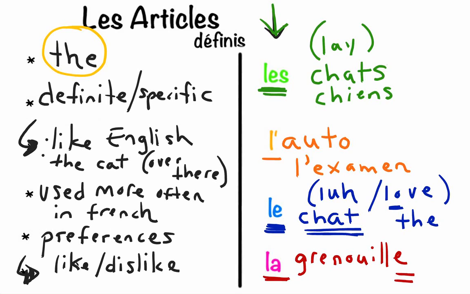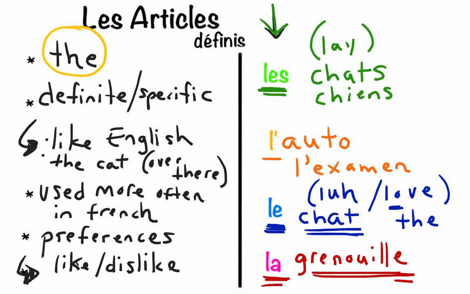So if you see an E at the end of the word, it could be feminine, but there's a 50-50 chance that it could also be masculine. Again, how are we going to tell the difference between whether it's feminine or masculine? Memorize it, study it. So instead of learning the word grenouille as frog, when you write it on your flashcard, include la. So you always remember la goes with grenouille, and you'll remember that it's feminine.